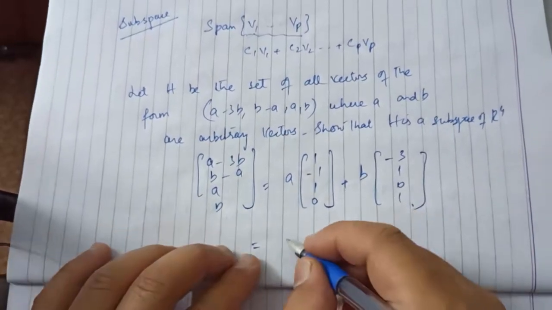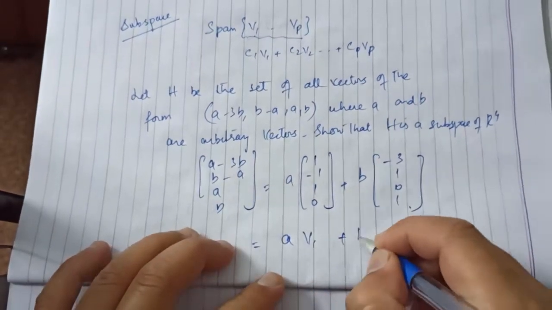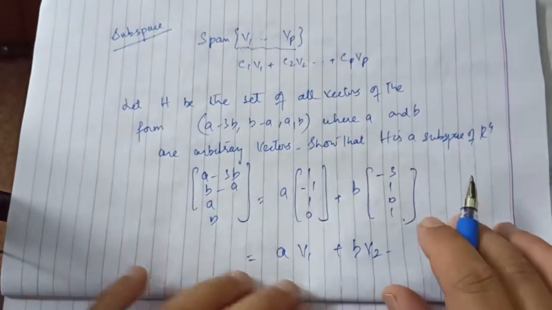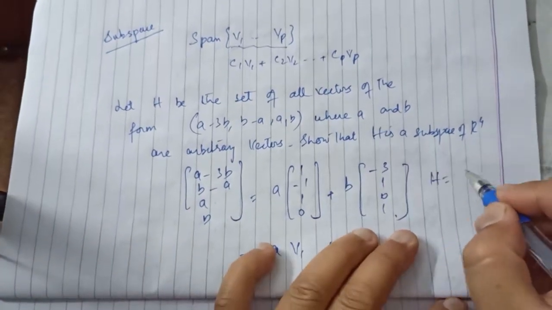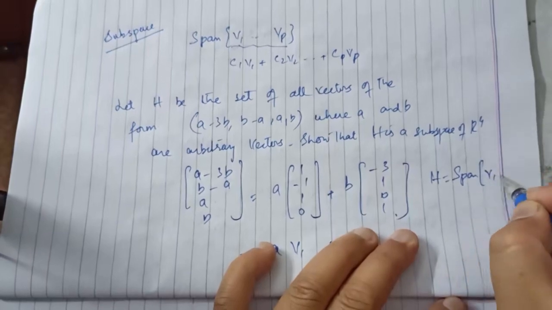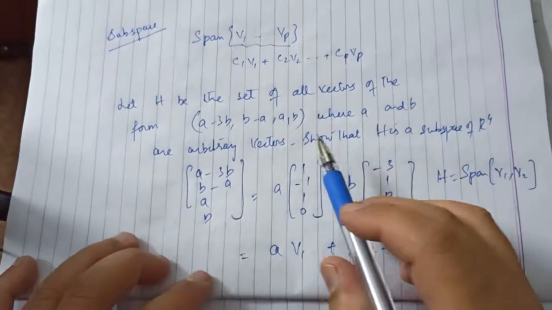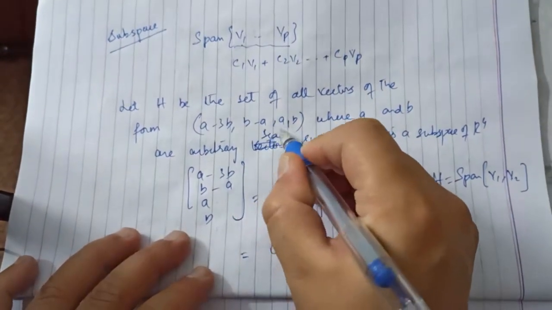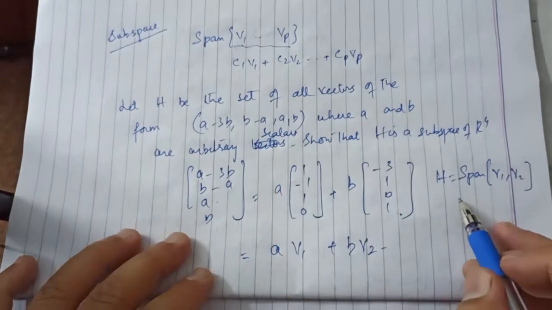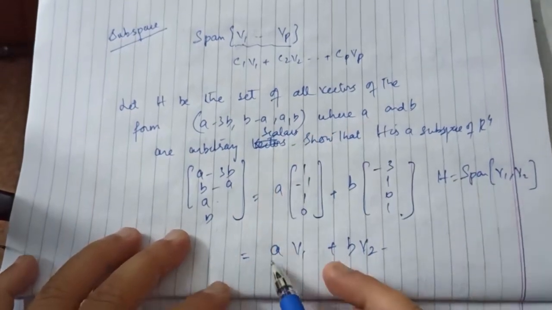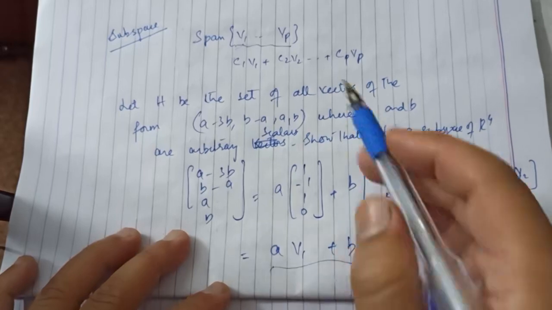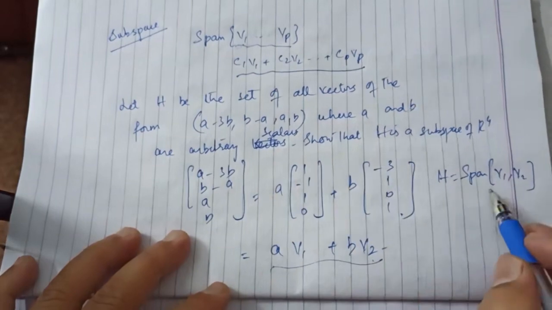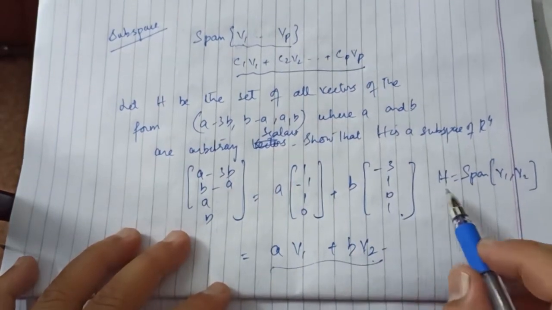So you have a v1 plus b v2. Now if you compare this with the definition of span, H is nothing but the span of v1 and v2, because a and b are arbitrary scalars, not vectors, sorry. So the span of v1 and v2 defines H.